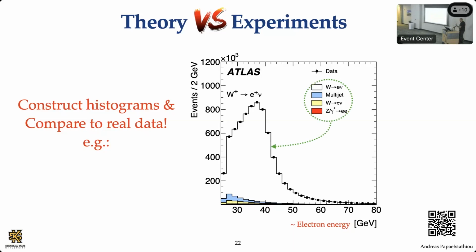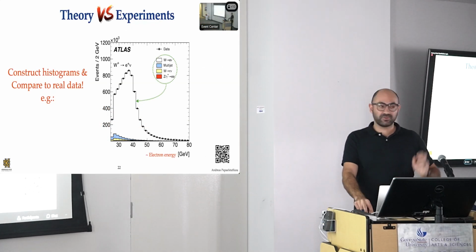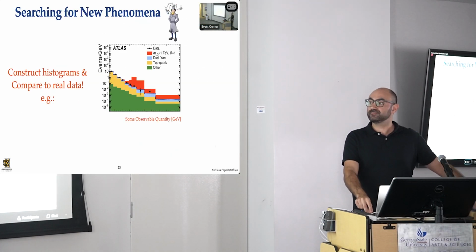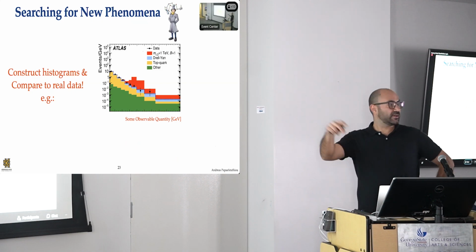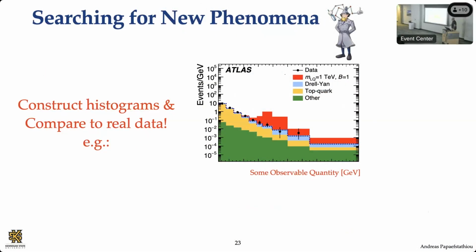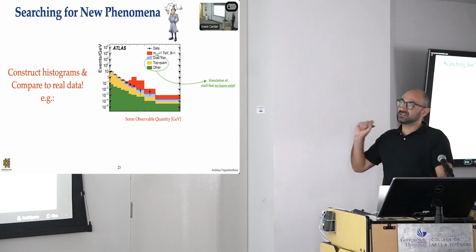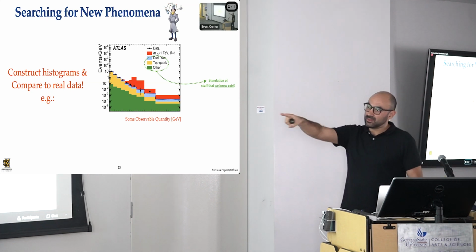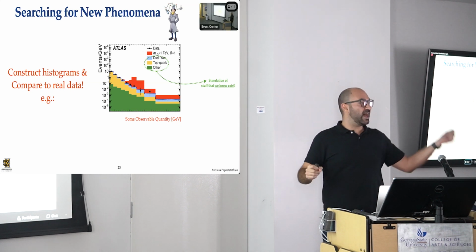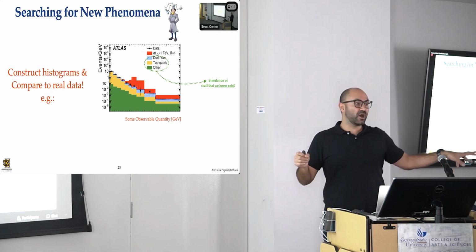So this is simulating a known process and comparing it to what you see in experiment. But you can also take your theory and add a new particle to it. Here I'm showing you some observable quantity. I didn't want to describe it, but imagine we have some variable that we can measure very well at the collider. If you look at this plot, the stuff that I circled in green is the simulation of the stuff that we know exists, and the red histogram is something that I added to my theory as a new particle.